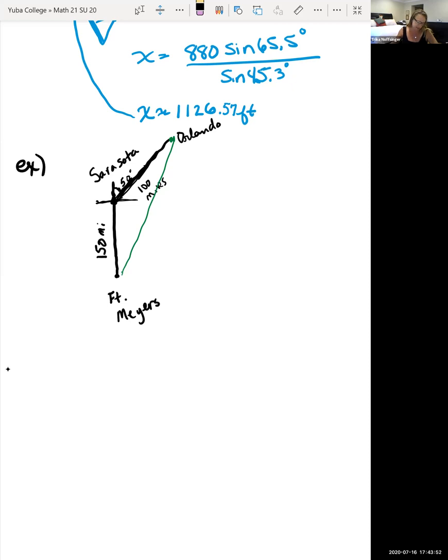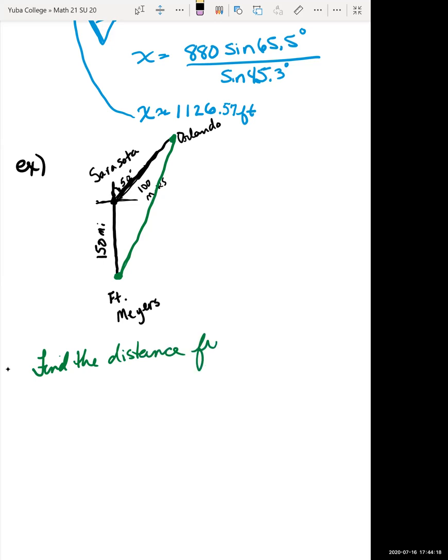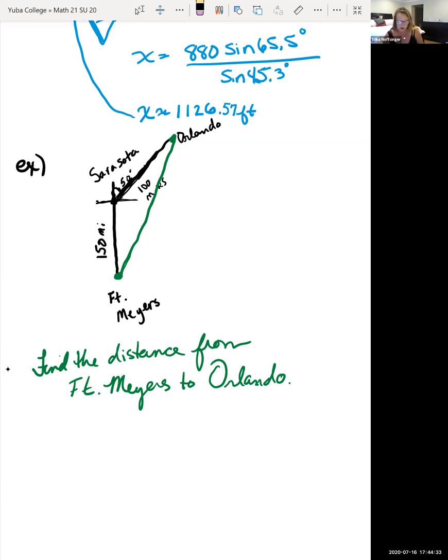There's our picture. So now let's answer a question. How far is it directly from Fort Myers to Orlando? So how far is it from here to here? Okay, so with our picture, we know two sides.